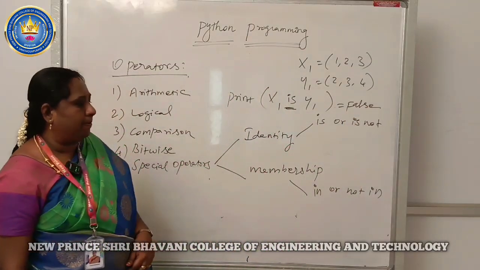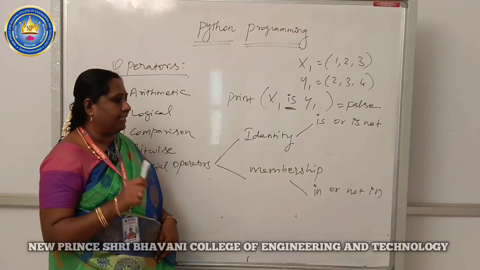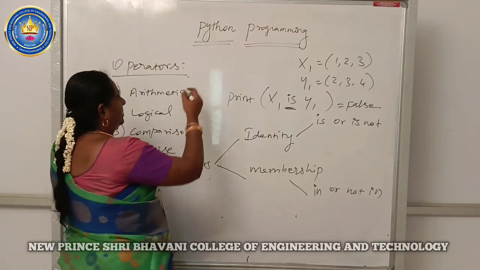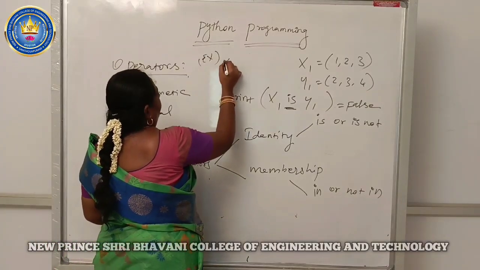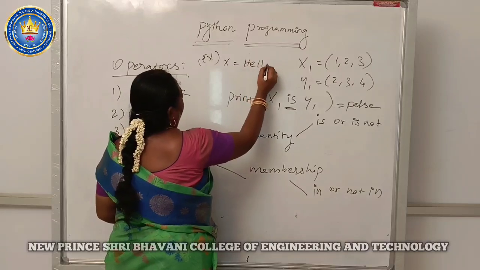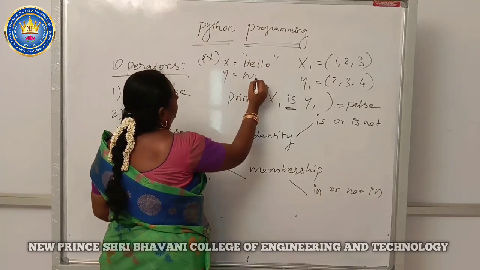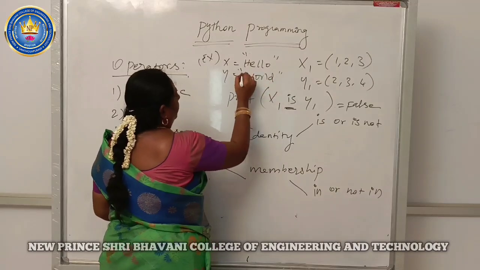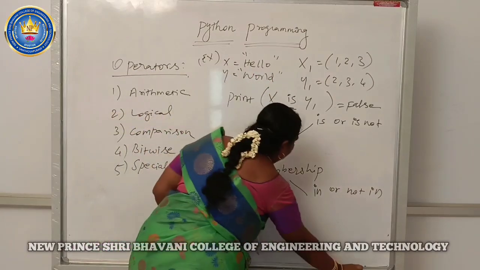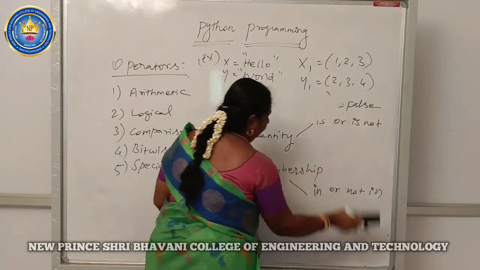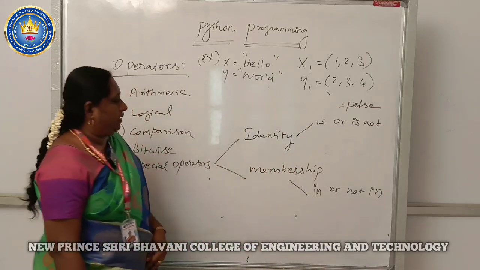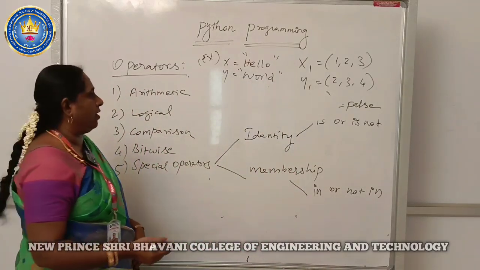And then the membership operator. There are two types: in, not in. For example, x is equal to hello, y is equal to world. We are giving two strings and then we are checking whether x is in y or not.